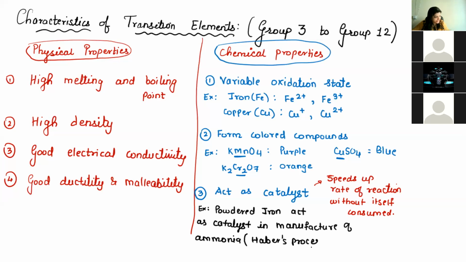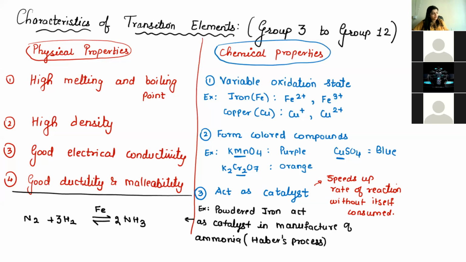This is just one example to make you understand, and that reaction I'm writing over here: from nitrogen and hydrogen, reversible reaction, you are going to write Fe. Whatever catalyst you are going to use, you will write it on top of the arrow, which is going to form ammonia gas. So the reaction for this is over here.